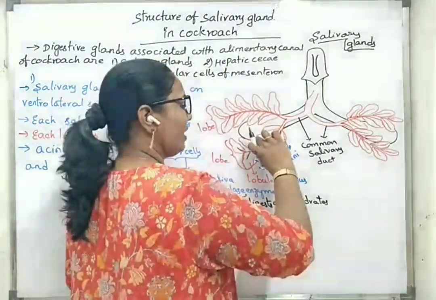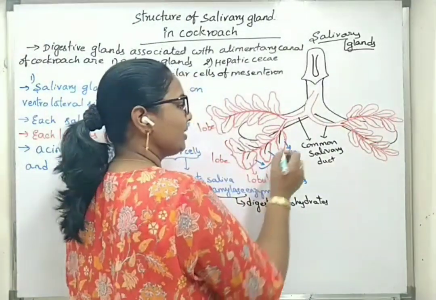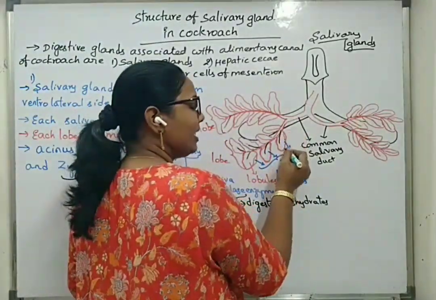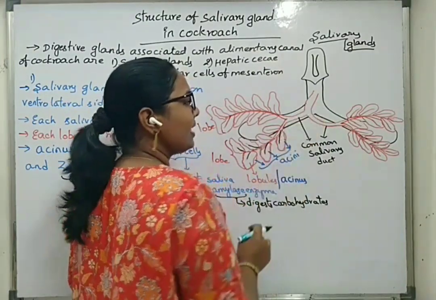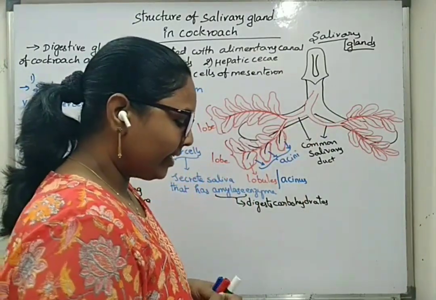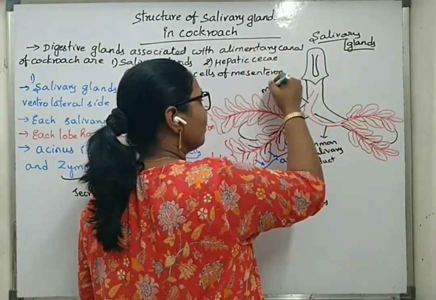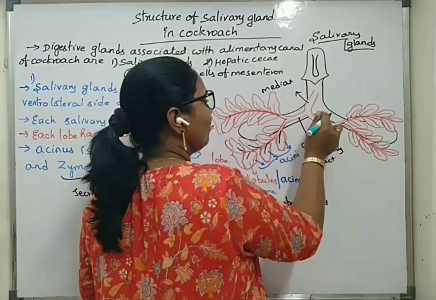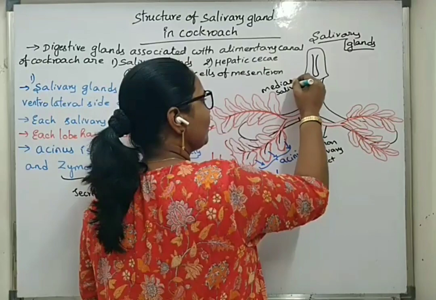Lobes are two, 1 and 2. Acini are many. Acinus is single. So each acinus has ductule that finally opens into common salivary duct. This common salivary duct opens into a median salivary duct. 1 and 2 are opening into common duct, median salivary duct.